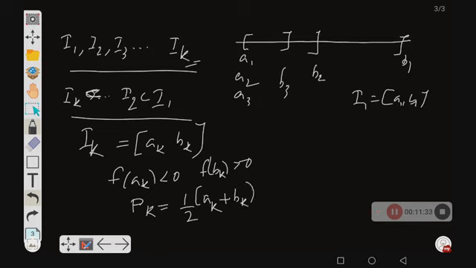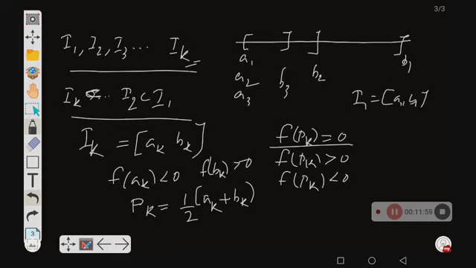The same cases arise as we encountered when we bisected the a1 b1 interval. So f of pk may be 0, or f of pk is greater than 0, or f of pk is less than 0.